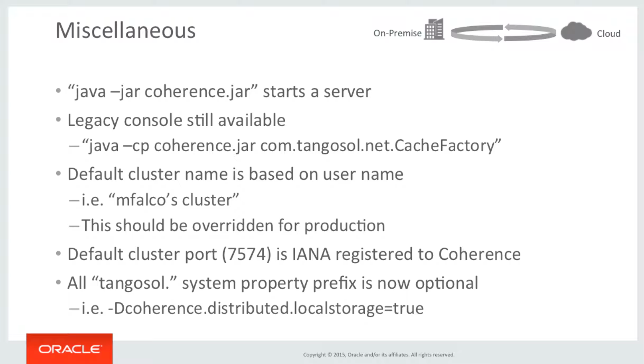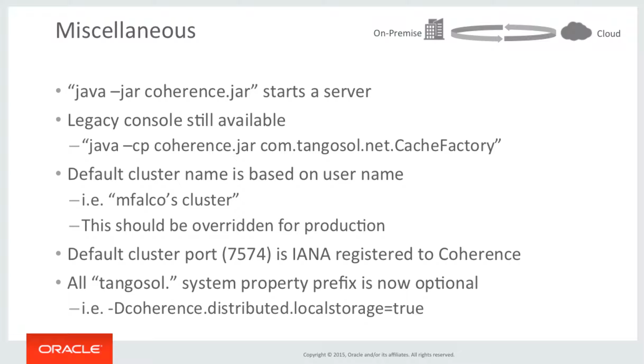And then the final thing on this slide is again small, but as you've noticed, as I've listed system properties throughout this presentation, all the coherence system properties now are just coherence dot something. We've removed the need for the tangosol prefix from system properties. It's still supported.